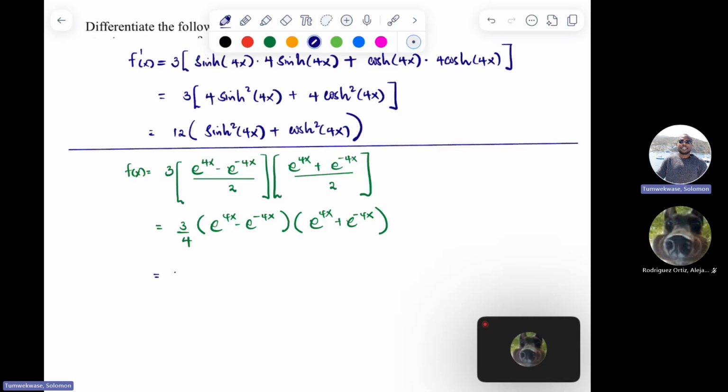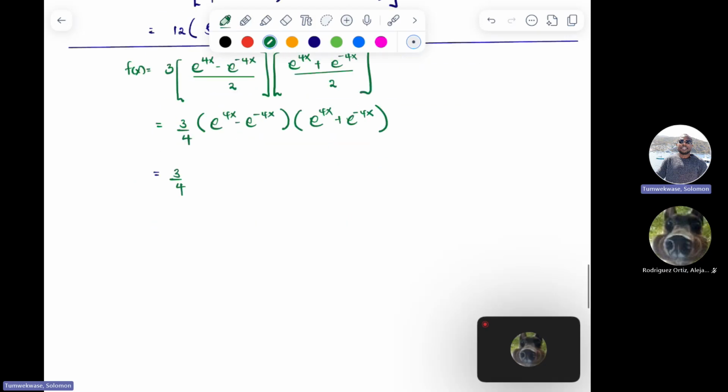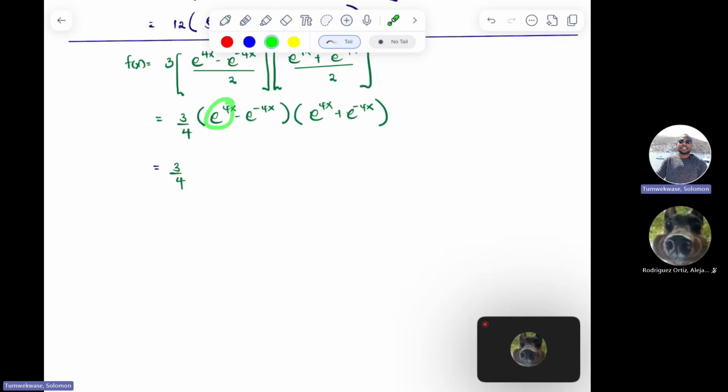I'm not saying that is the only way you can do it, but let me do that. So e to the 4x times e to the 4x, remember when we multiply same bases, we add up the powers, so this will be e to the 8x, right? e to the 4x times e to the negative 4x is e to the 4x minus 4x, so that is e to the 0, which is 1. So this is plus 1, right?